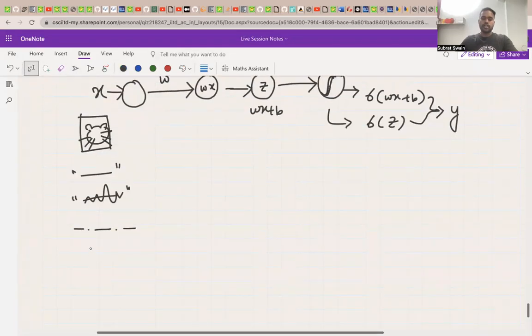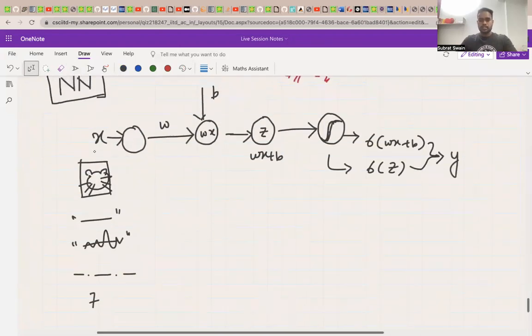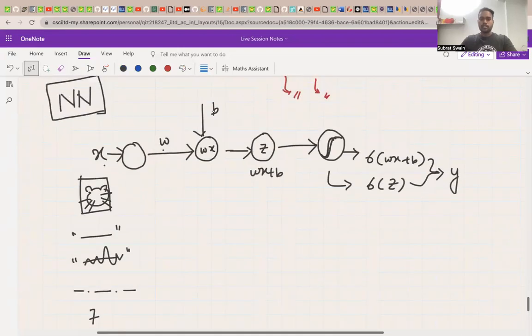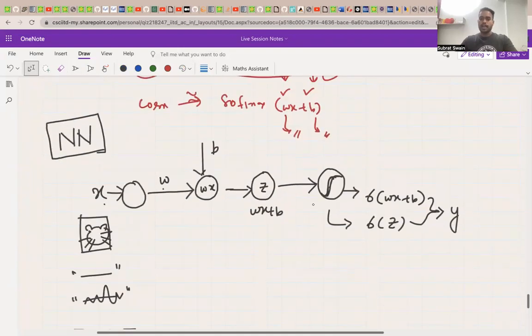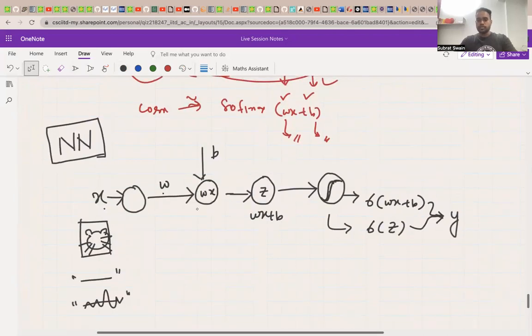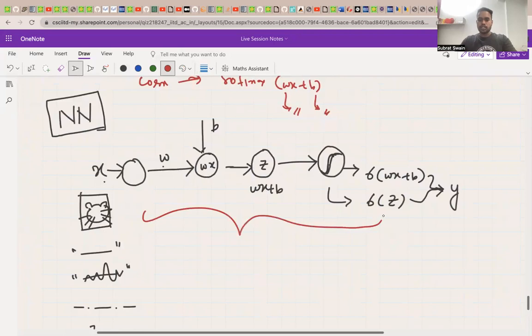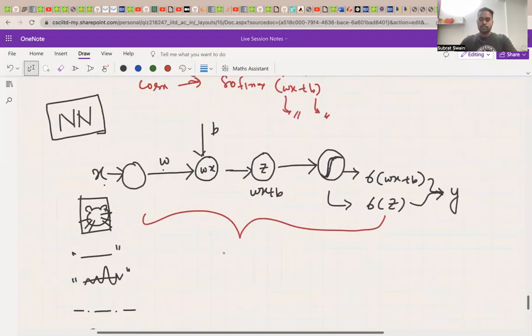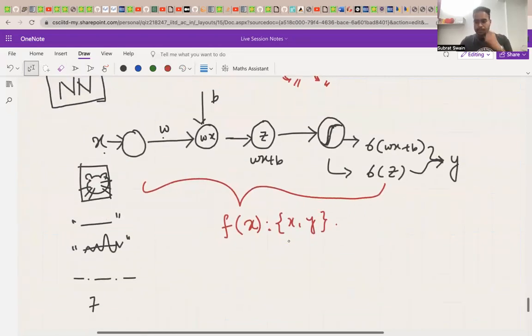This x can be a digit 7 or anything. So I'll multiply it with the w, add a bias b, then add a layer of non-linearity and get my y. This entire process is trying to learn the function f(x) that relates to this xy pair. Okay, so is this problem statement clear to you all?